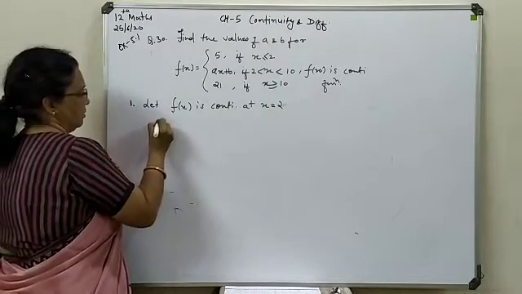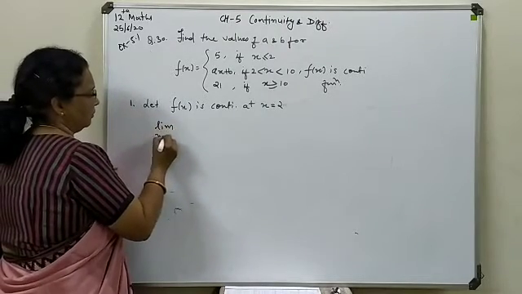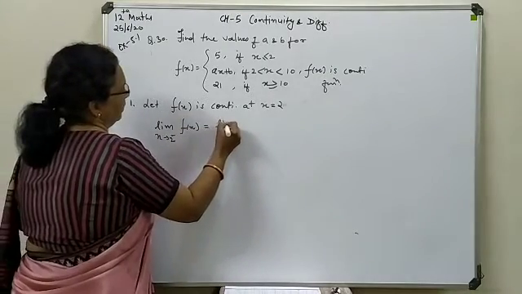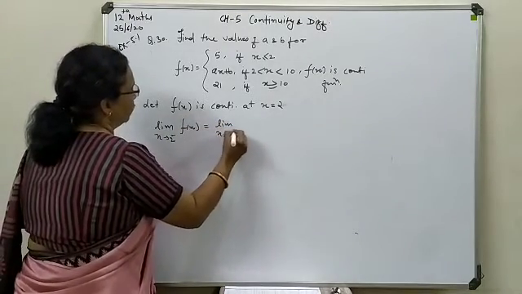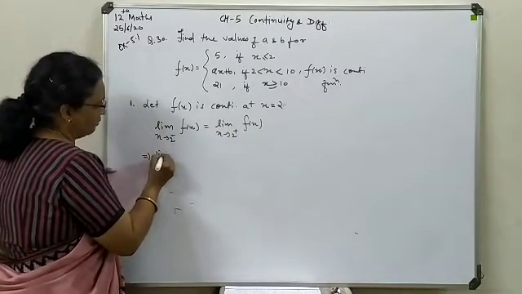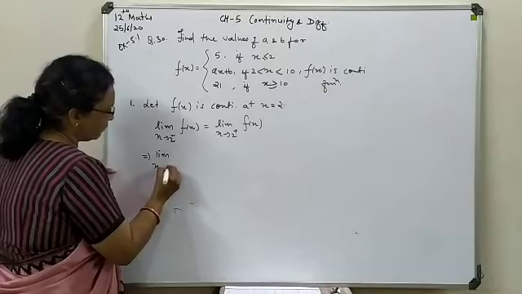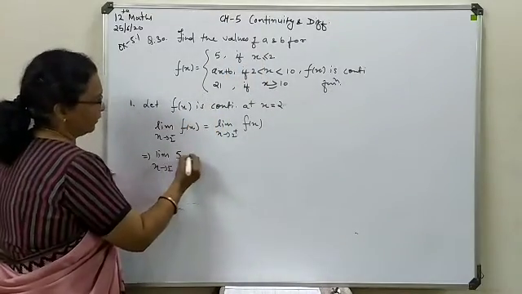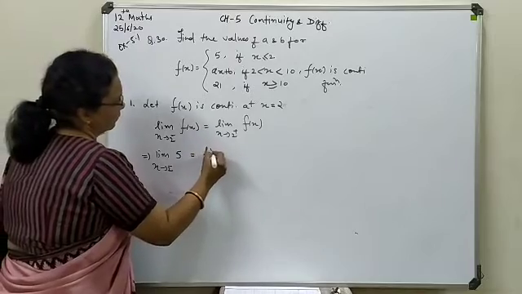So let us have the basic relation: limit x tends to 2 minus f(x) equals limit x tends to 2 plus f(x). Substitute the respective function forms. For 2 minus, x is less than 2, so the direct value is available, that is 5.